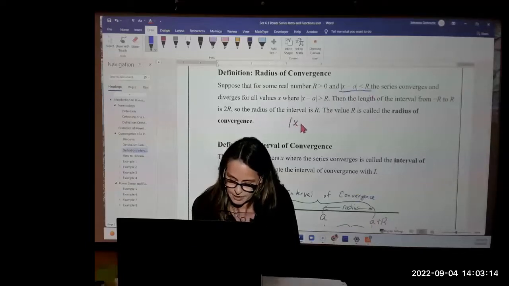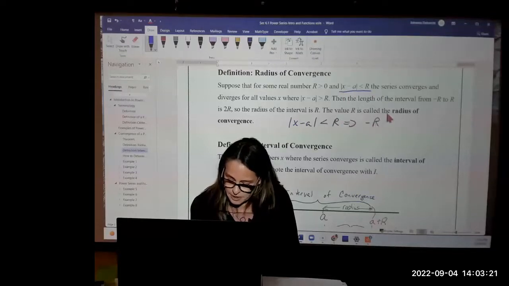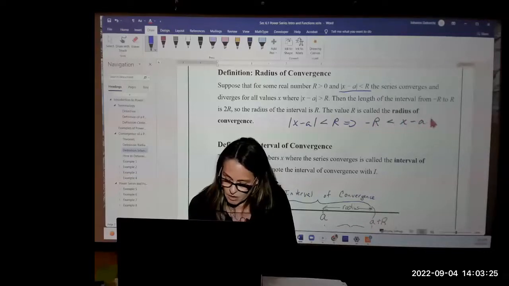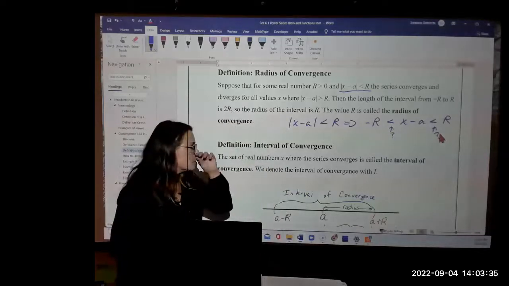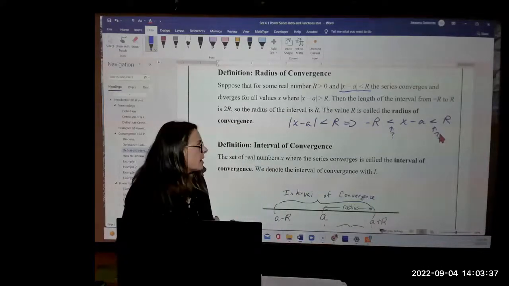you can rewrite this as being between negative r and r. And we don't really know what happens at the two values. We don't really know if they're strictly less than or if they could be less than or equal to on one or both sides.